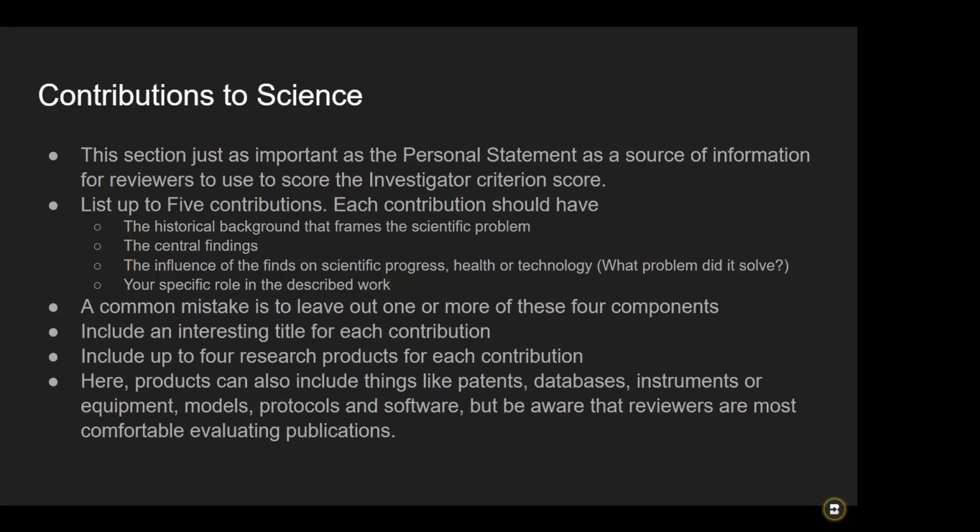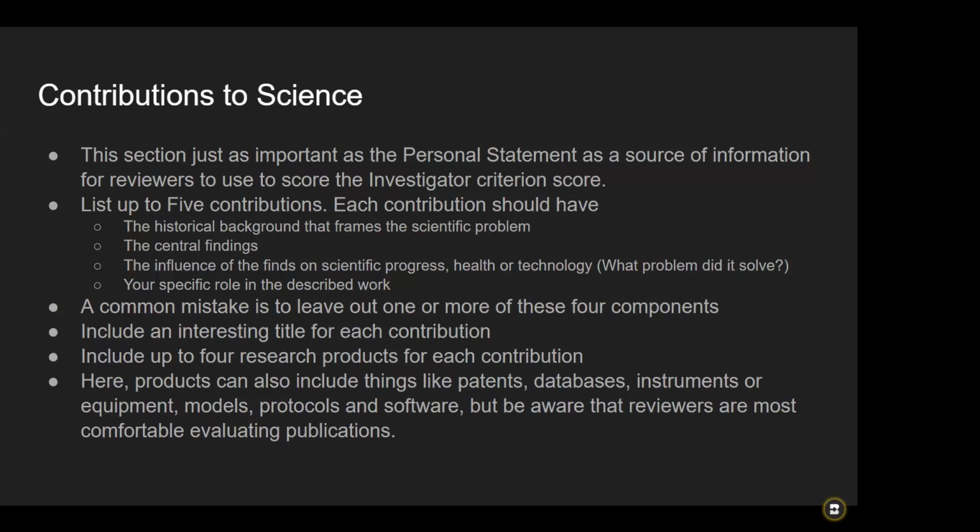So a common mistake is to leave out one or more of these 4 components. And it's really important to put the influence on scientific progress, health, or technology, so that you demonstrate that this was not just something that you did, but a way that you advanced the field. Include an interesting title for each contribution. That's not required, but it's recommended.